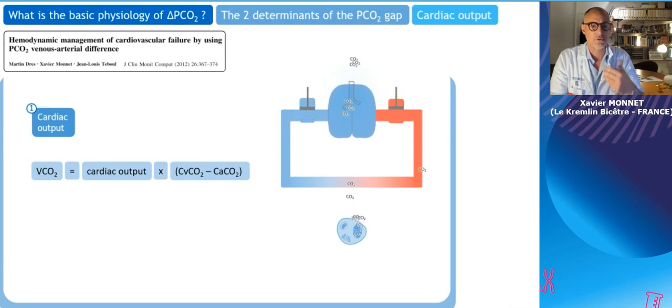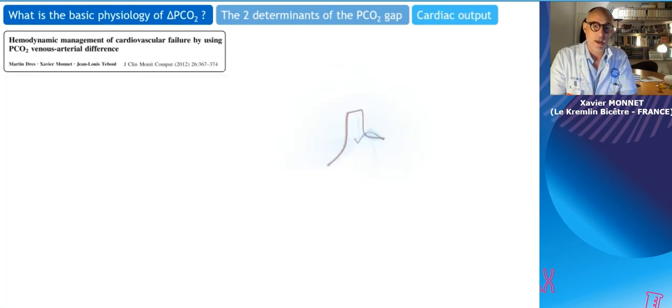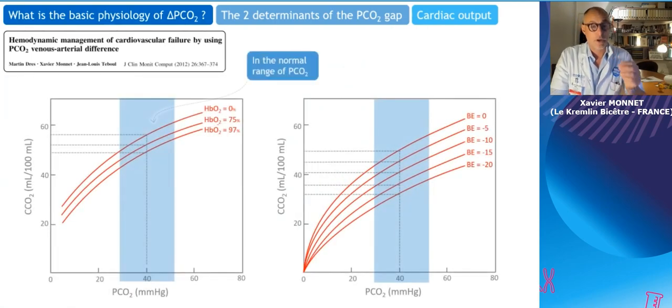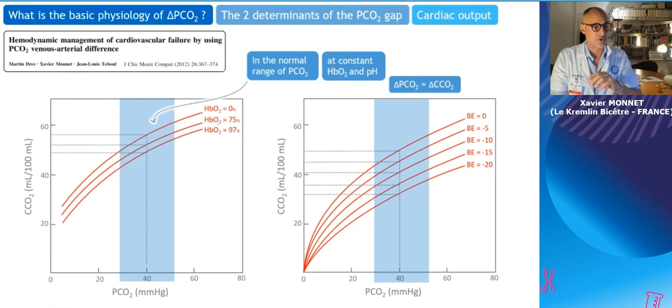It's quite difficult to estimate the CO2 content at the bedside, but we can measure the CO2 pressure. And there is a relationship between the CO2 content and the CO2 pressure. Interestingly, in the range of normal PCO2 values, you see that the relationship is almost linear.